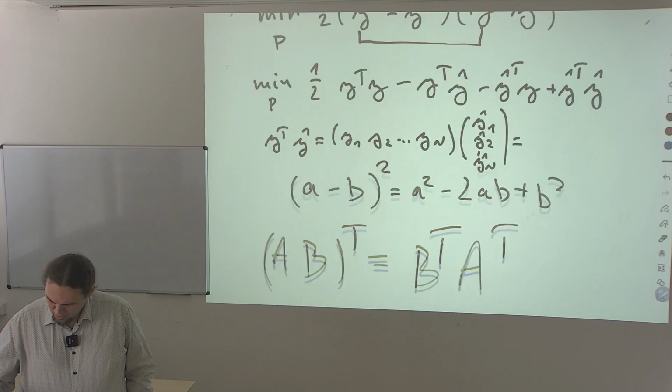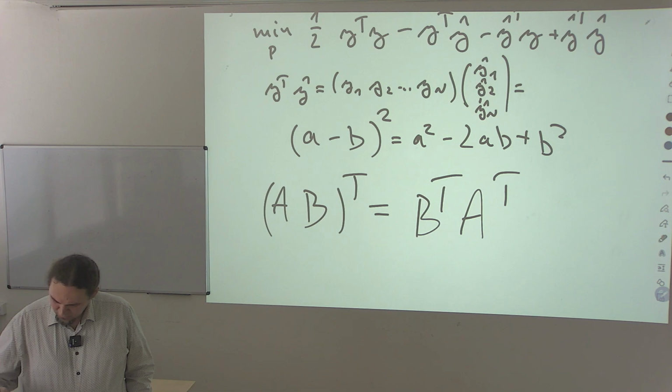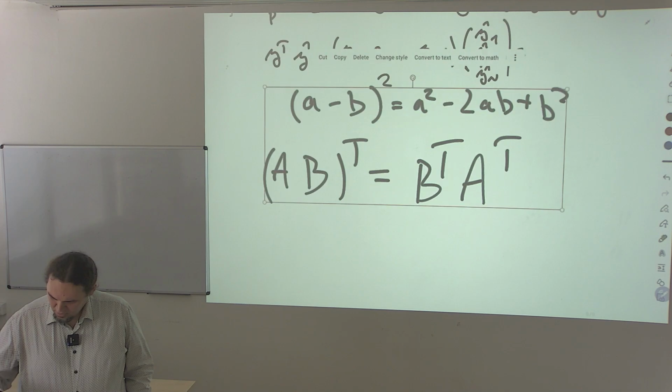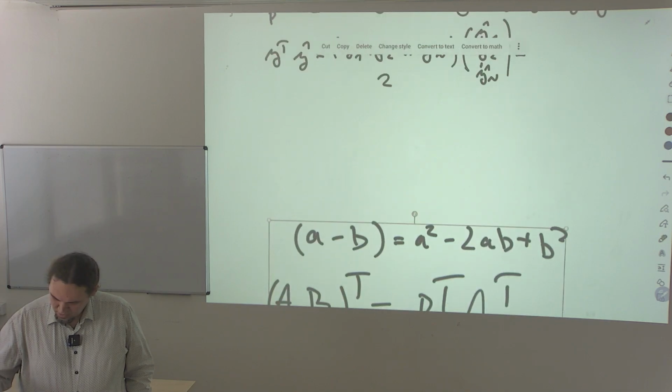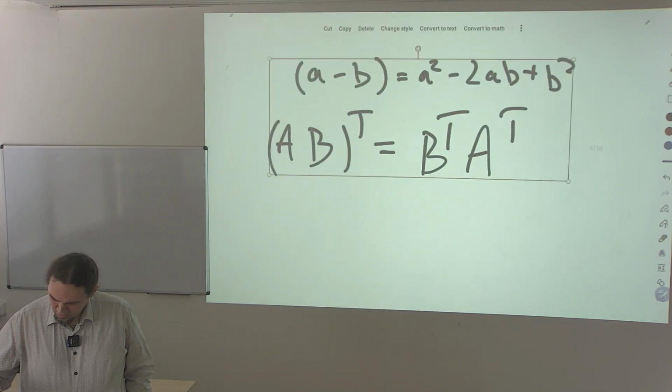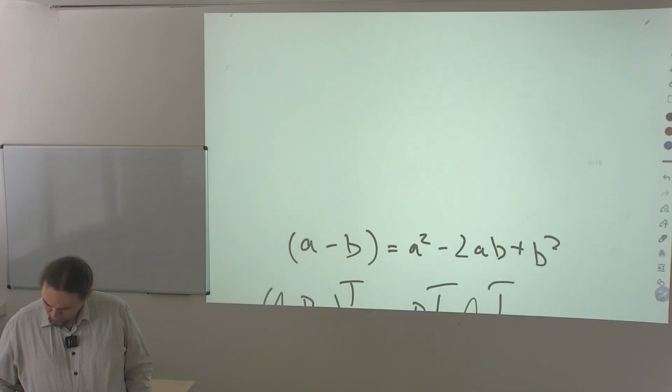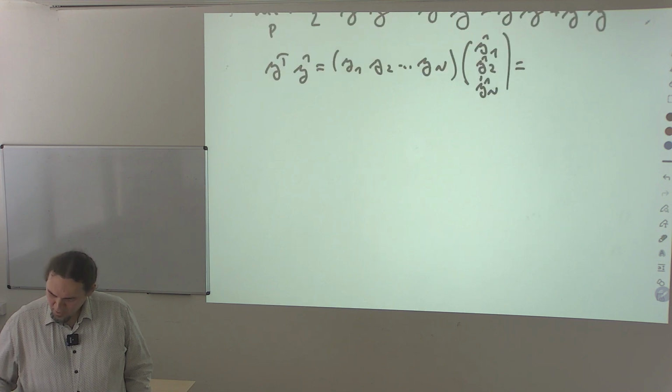Okay. Missing the square. Where is the square?